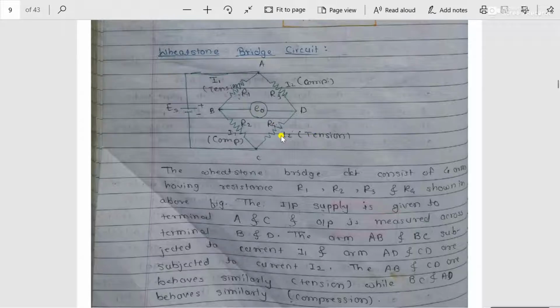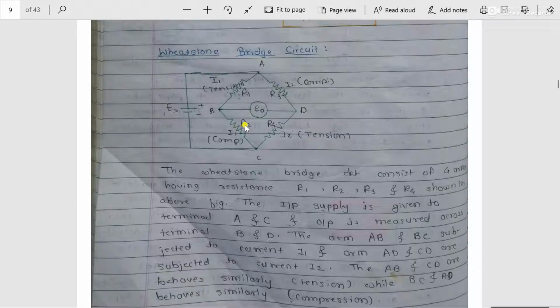Arm number 1 and arm number 4 are in front of each other, therefore these two arms behave in a similar manner, and we have considered it as tension. But what about the remaining two arms, arm number 2 and arm number 3? As arm 1 and 4 are subjected to tension, the remaining two arms, arm number 2 and arm number 3, are subjected to compression.